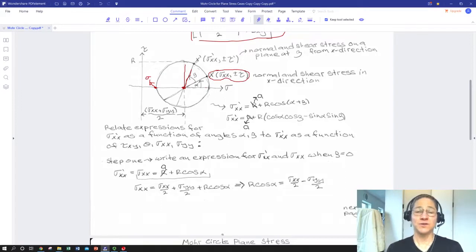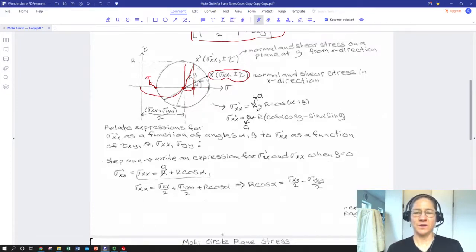In terms of the Mohr circle, the location of that sigma xx prime would correspond to where that line hits the sigma axis. And we could plot that by going, well, that's A, which is this, plus the cosine of alpha plus beta times r. So just do some right angle trig and some plotting.